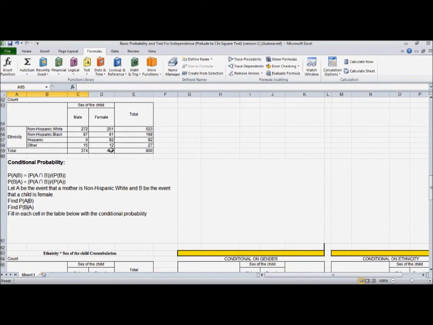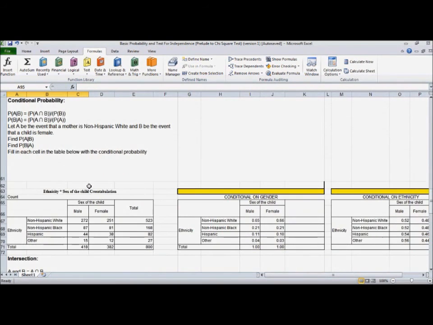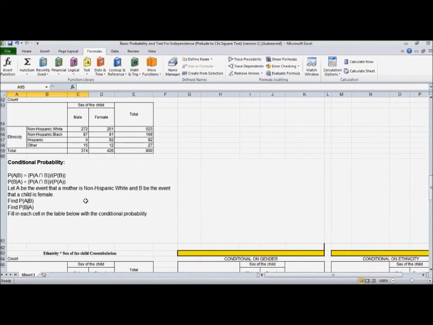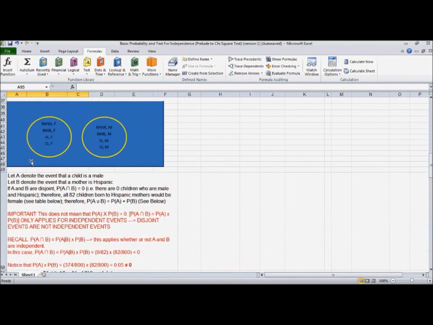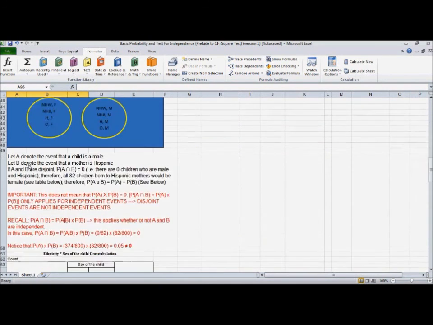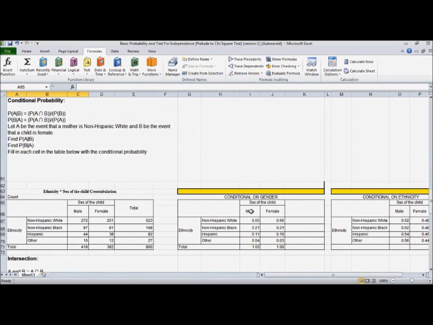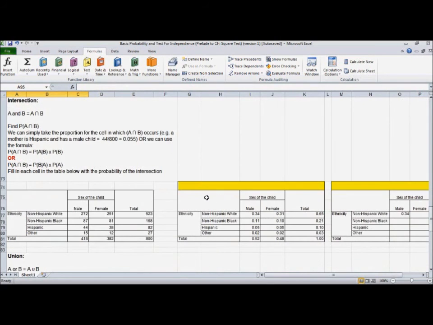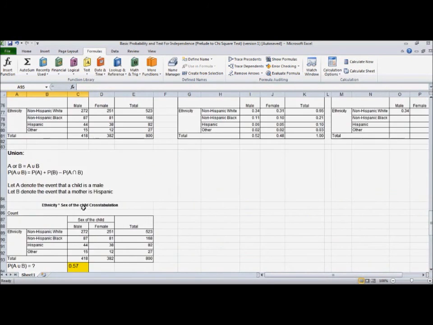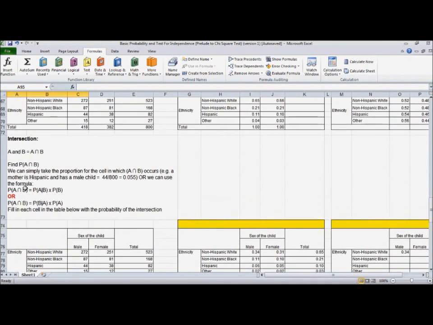So we just saw how we could create several tables of probabilities. We have a table, Crosstabs, which we obtained from SPSS with our counts, and we created tables of probabilities with conditional probabilities and intersections, and we were able to use those probabilities for all of our formulas.